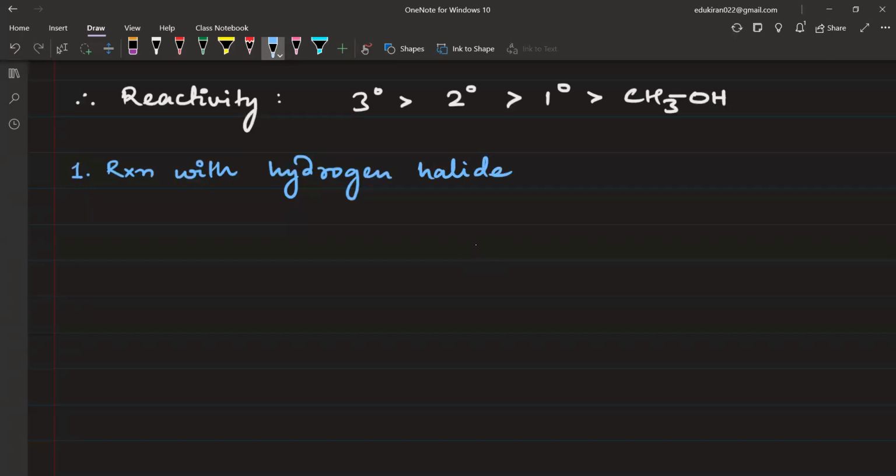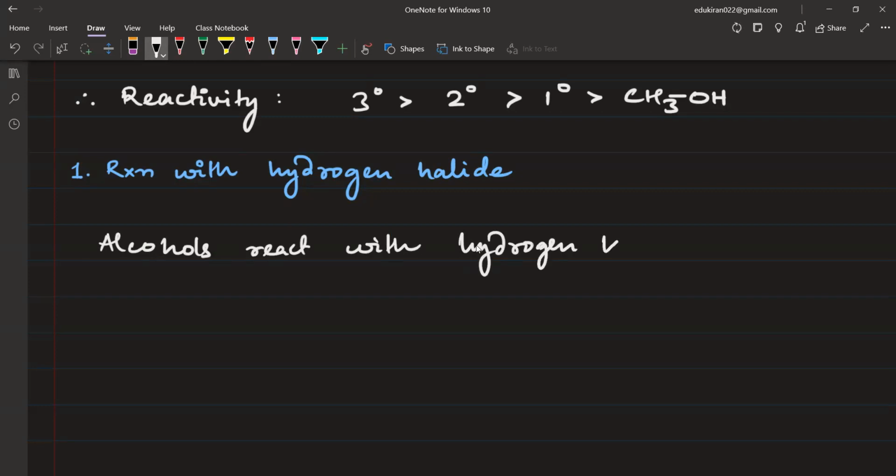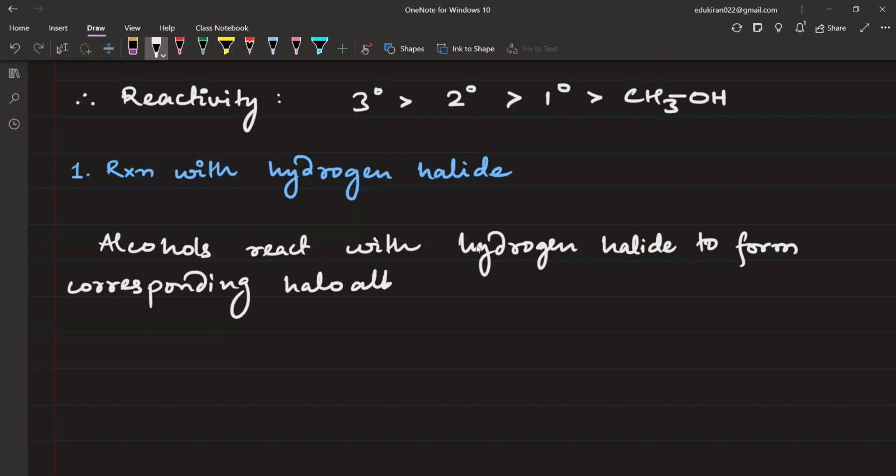Please write: alcohols react with hydrogen halide to form the corresponding haloalkane.